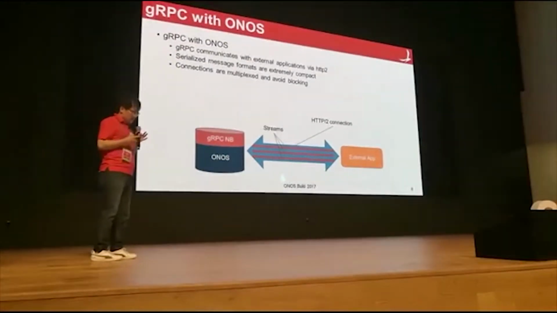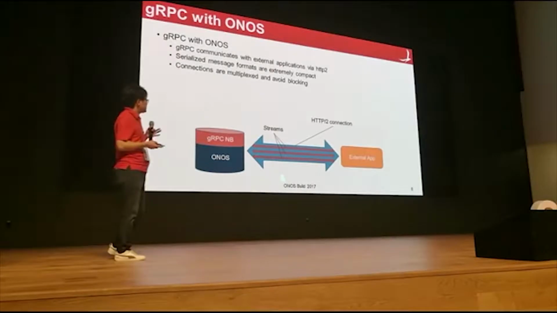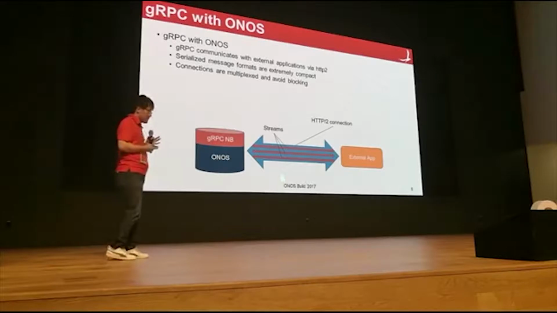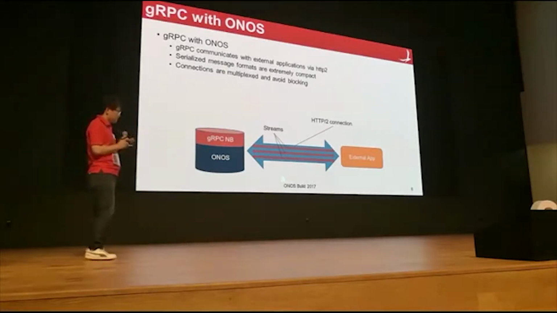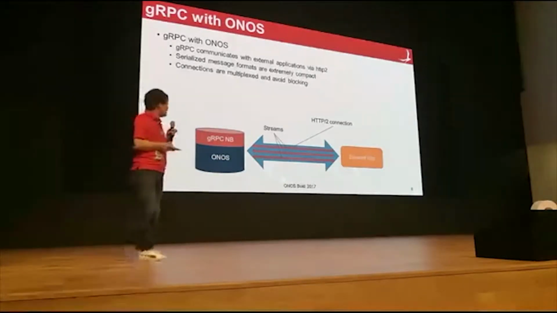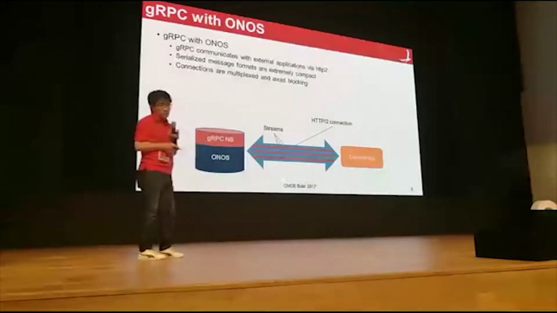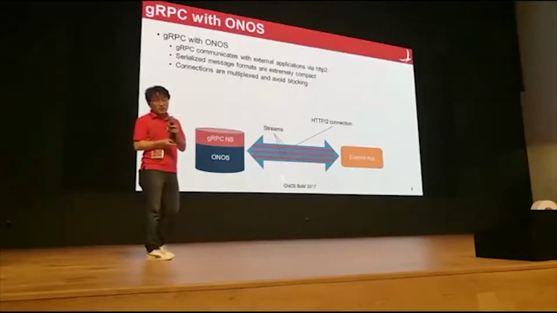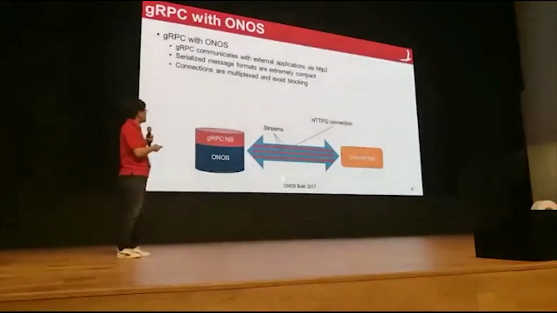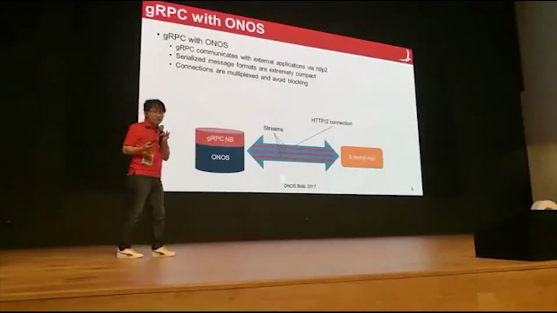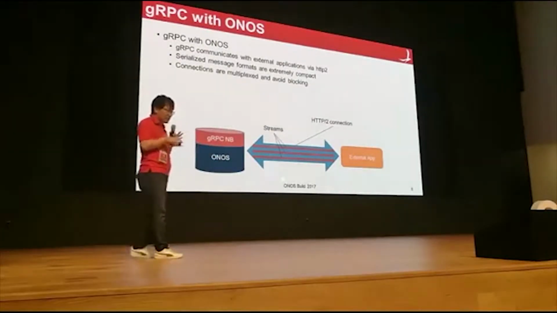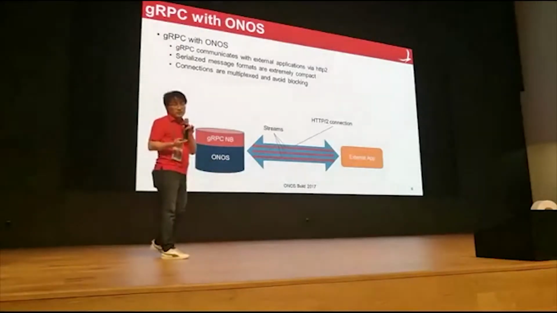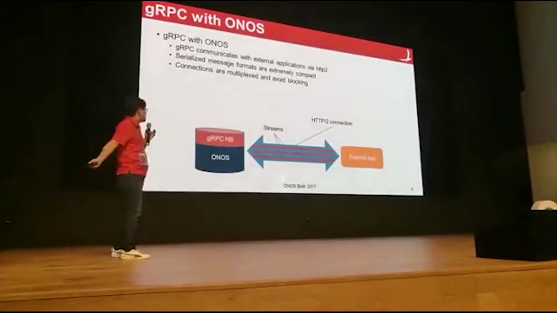The REST API is all implemented over HTTP 1.1, which doesn't support asynchronous transmissions and so on, so it blocks all the links and connections. gRPC tries to resolve that issue by using HTTP2. Also, the serialized message format is extremely compact, as I mentioned, it's an all-binary format. Although it's a little difficult to debug, in terms of transmission it's very efficient. And the connections are multiplexed, which avoids blocking.